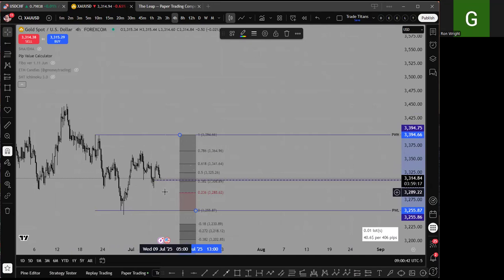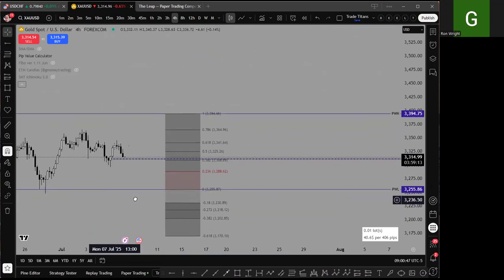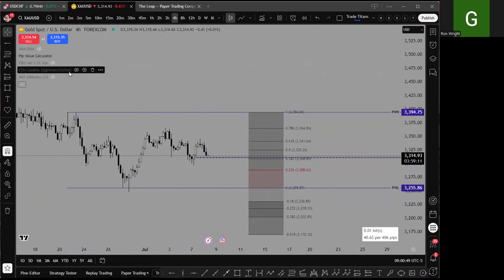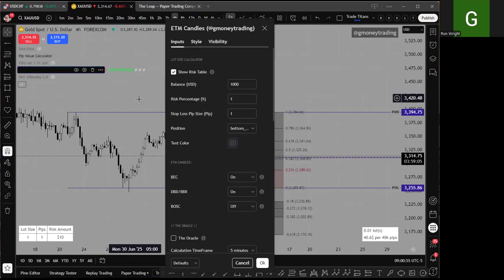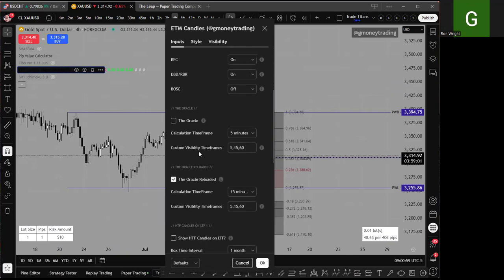On the 4 hour, we can throw our ATM candlesticks on. We don't need the Oracle on.